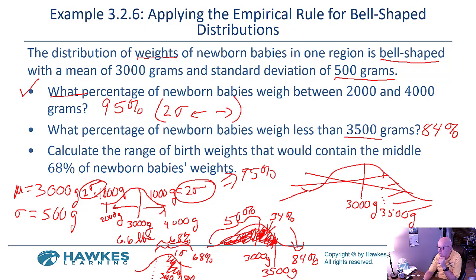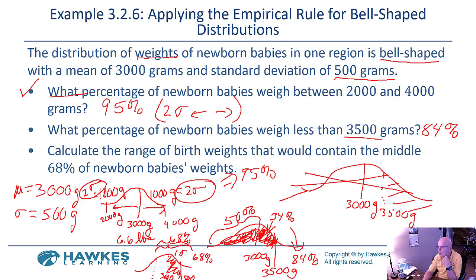Now, if you backtrack just a second and think about it, 3,000 was the average. 3,500 is heavier. So we're talking about babies that are a little bit on the heavy side, but normal, all the way down to as small as they come. 84% should make sense. 50% over here, plus another 34% there. So most of the babies are less than 3,500 grams when they're born.